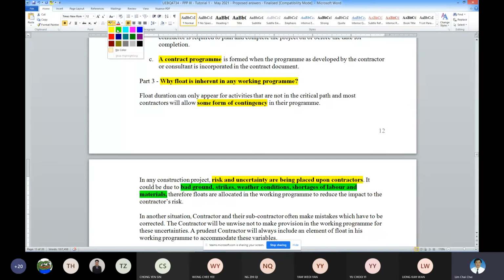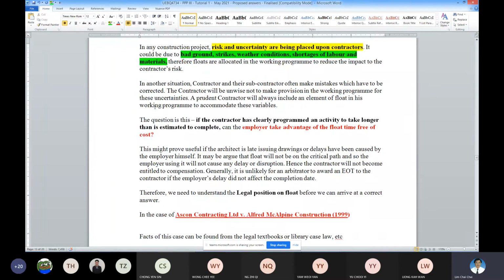Okay, so another situation is due to the contractor and the subcontractors making mistakes. See here, these are the risks faced by the contractor and subcontractors, and why it needs to be included in the program as a cushion to introduce the float. So these are the so-called rationale behind it, why float is required.